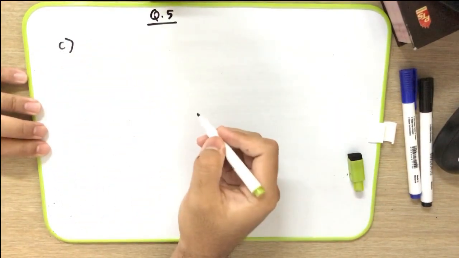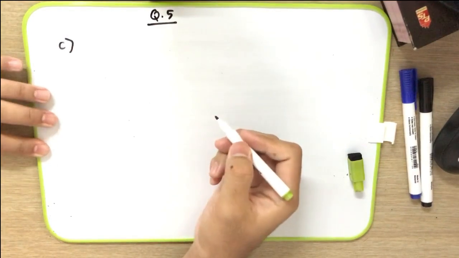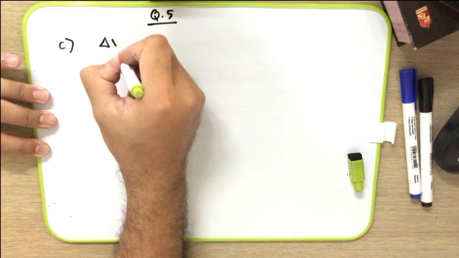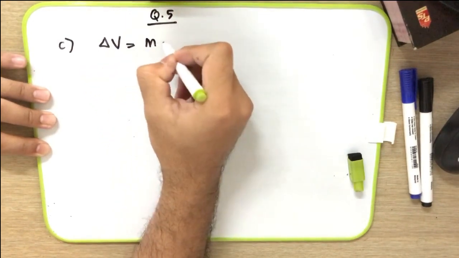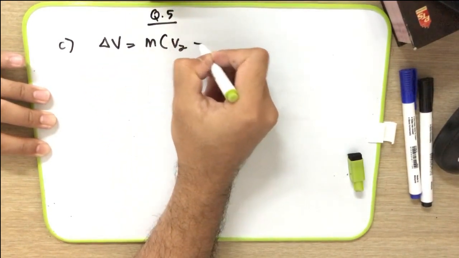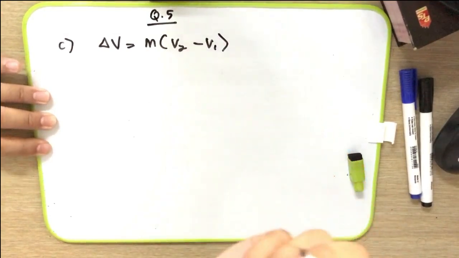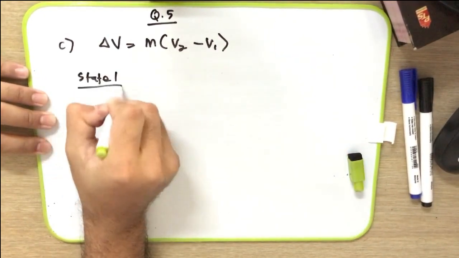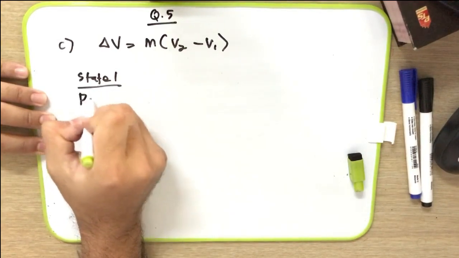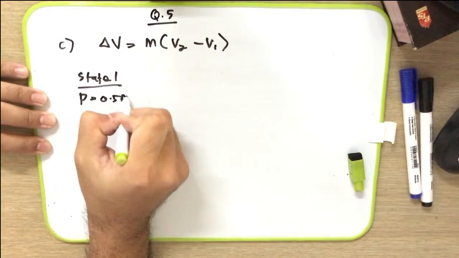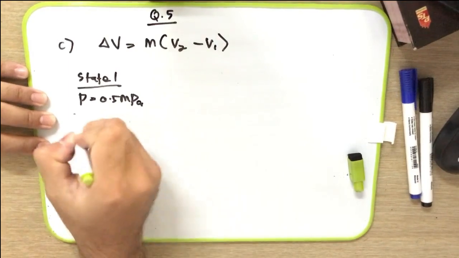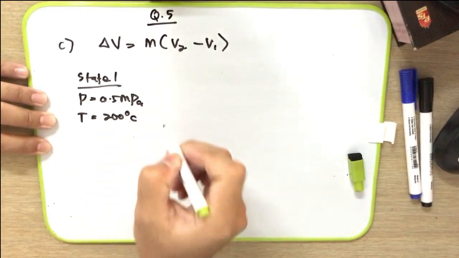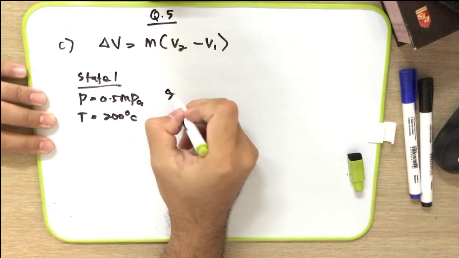In question C, you need to find the change in volume. So the change in volume is equal to m(V2 minus V1). Okay, so we look back at our states just now. State 1, the info that we have is 0.5 megapascal, T is 200 degrees C and it is superheated.